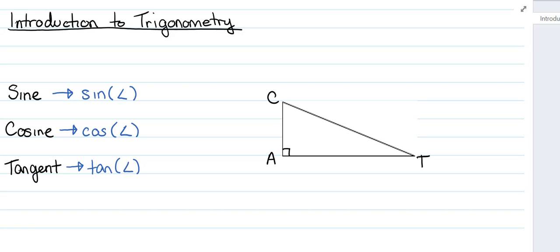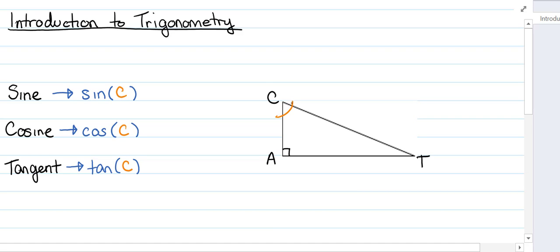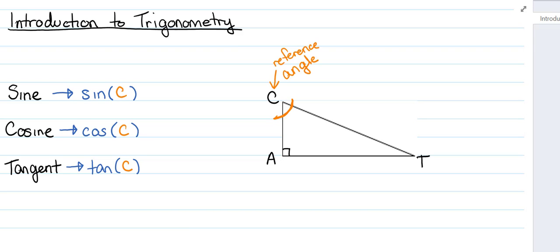The problem will always tell you which angle to refer to. For this problem, we're going to refer to angle C. So I replaced my angle in the parentheses with the letter C. And I'm going to highlight my angle C because that's our reference angle. That's our starting point. So everything we talk about in this problem has to do with angle C.